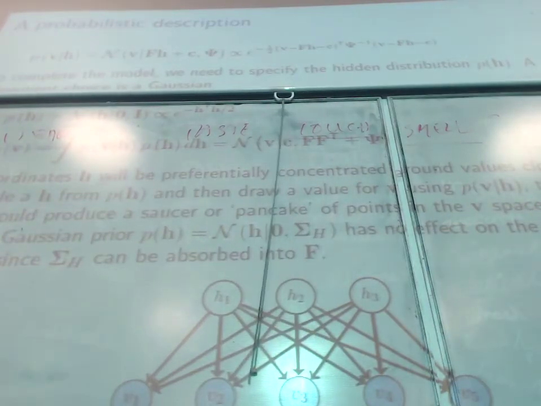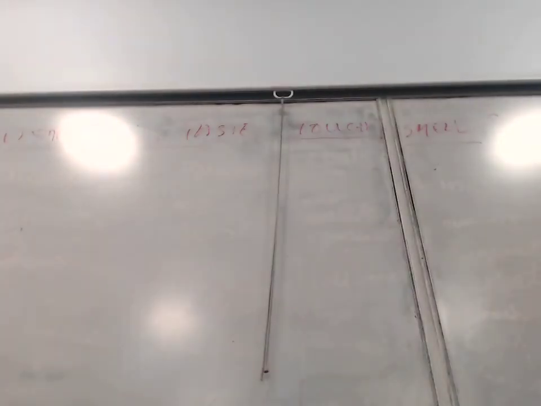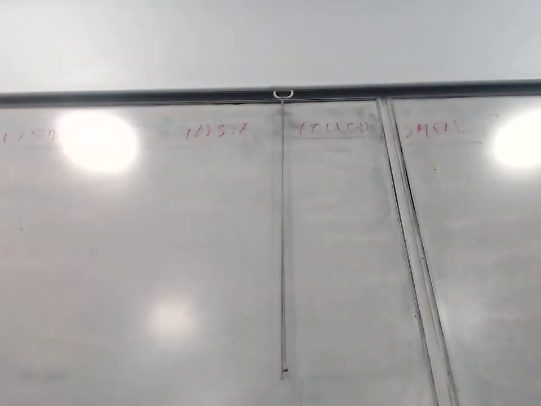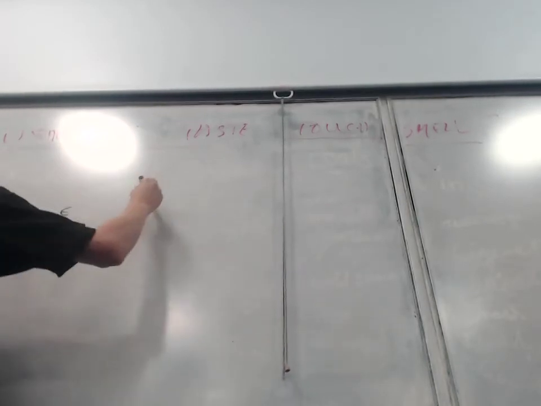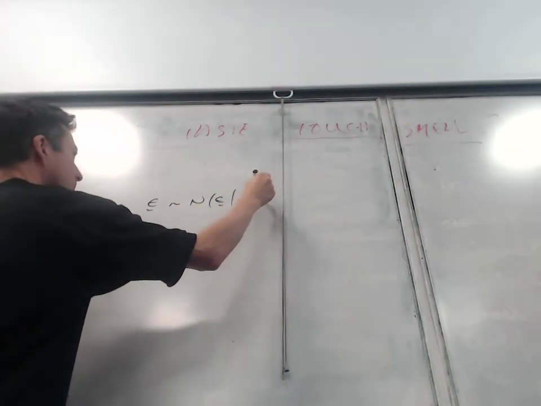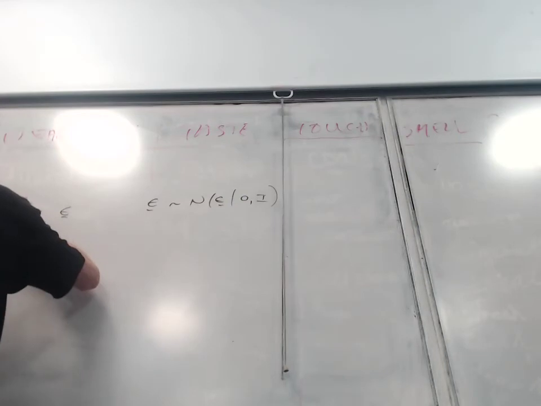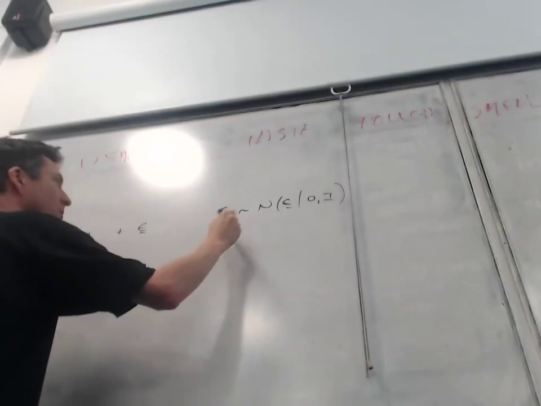So this is important. It's a very, very useful trick. Let's say I know that epsilon is Gaussian distributed, and I know that H is Gaussian distributed.